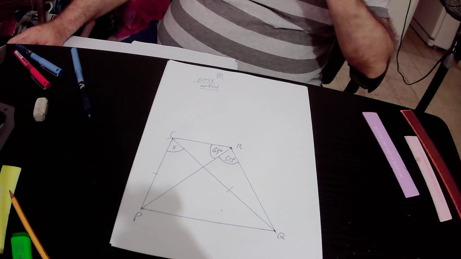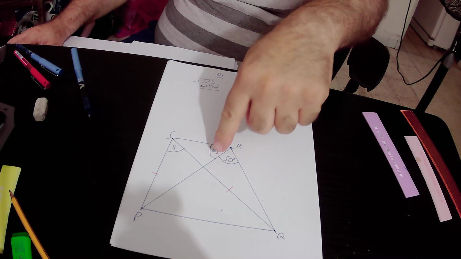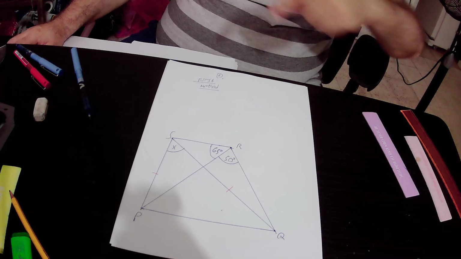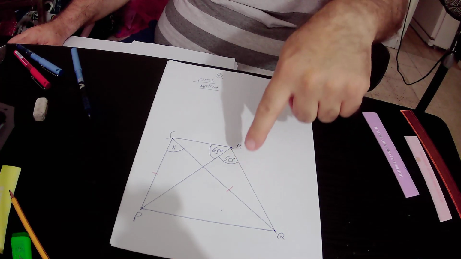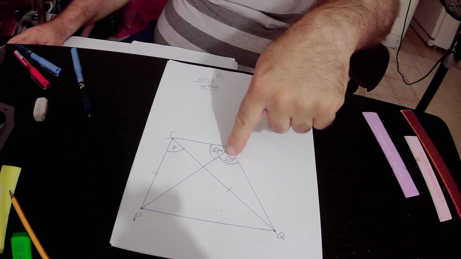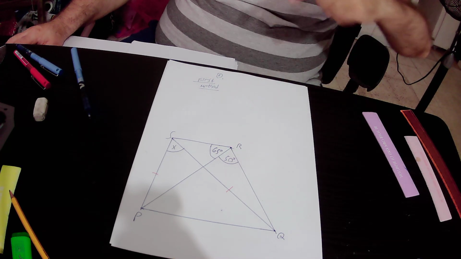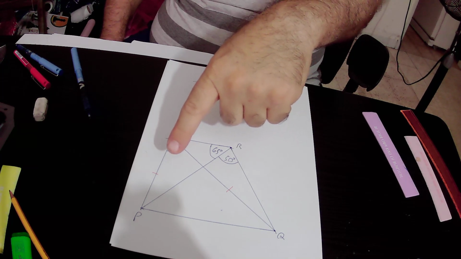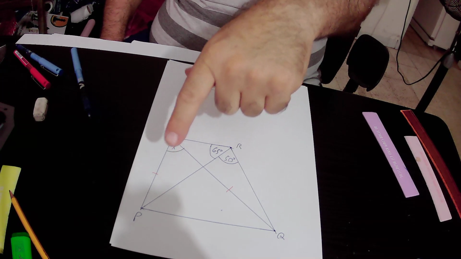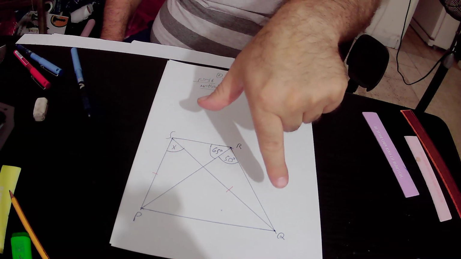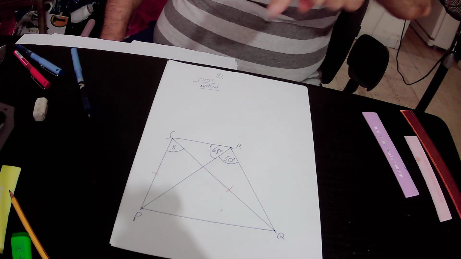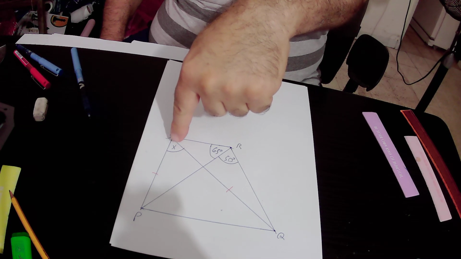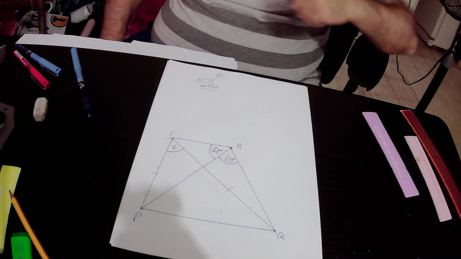We know that angle SRP equals 65 degrees, angle PRQ equals 50 degrees, and we also know that side SP equals side SQ. We want to find the value of angle PSQ, this angle that is also defined as x.